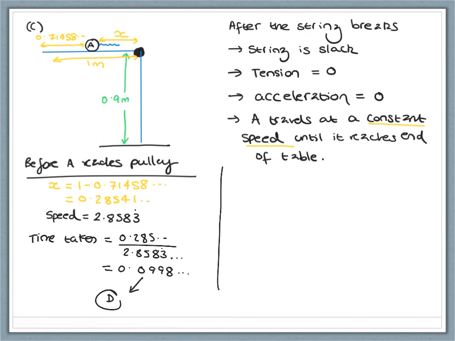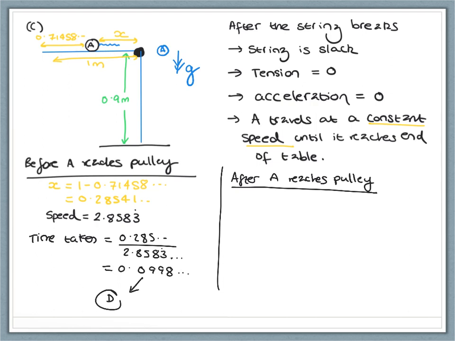Now let's think about what happens after A reaches the pulley. We're assuming it can simply skim over the top of the pulley, and A will then be travelling vertically downwards like this, under gravity, freely under gravity, as there are no other external forces acting.